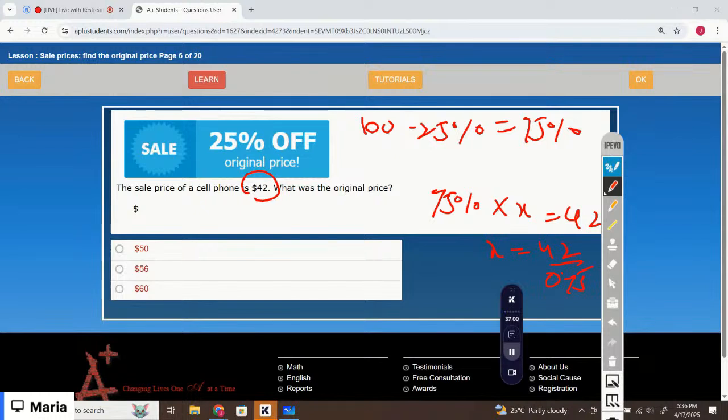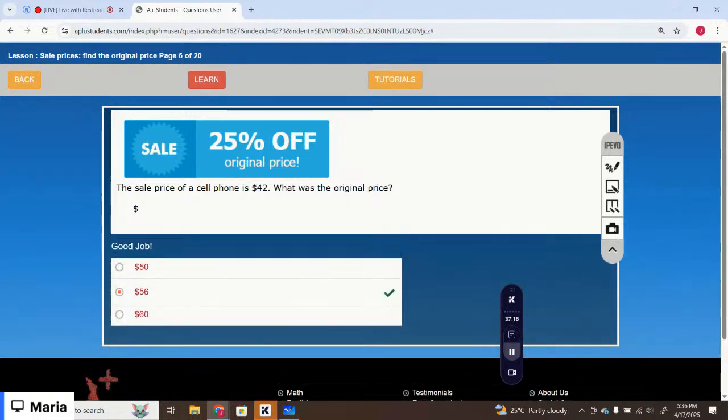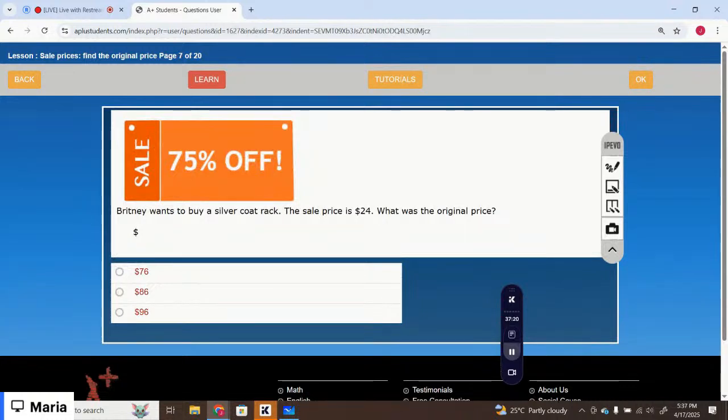Option number 2 is the correct option. That is $56. Okay, perfect.